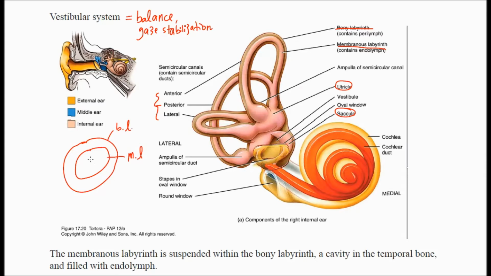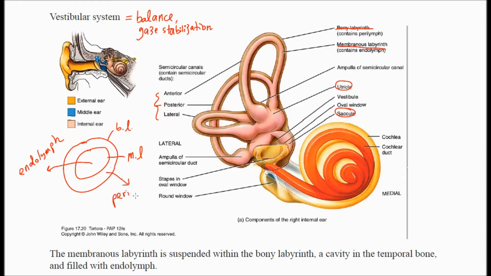Inside the membranous labyrinth there's a fluid called endolymph. Between the membranous labyrinth and the bony labyrinth there's also liquid, and that's called perilymph.